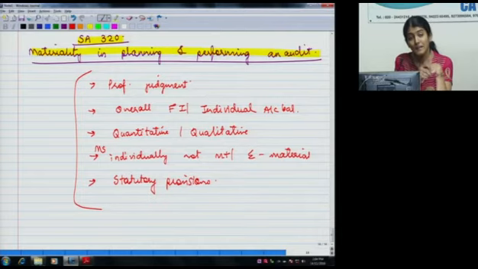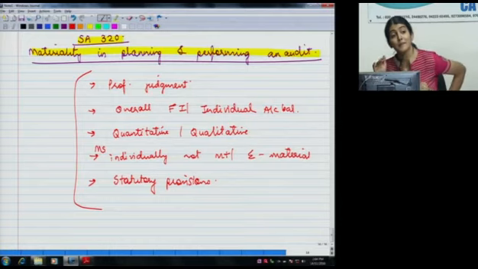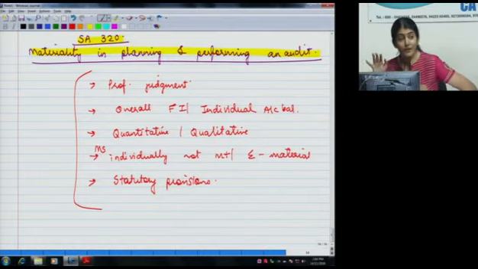Do you know the applicability of rotation of company auditor? Applicability. Which companies? To which companies is rotation of company auditor applicable? Every listed company and public company, and share capital more than 100 crore? 10 crore.